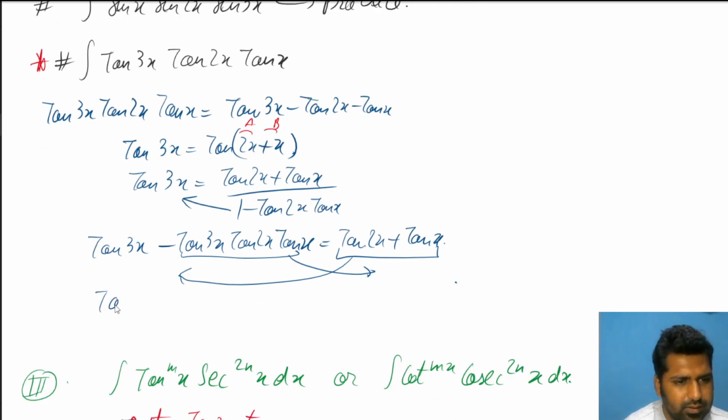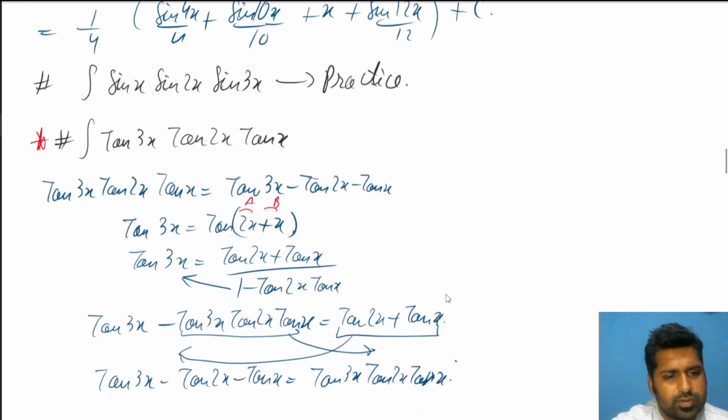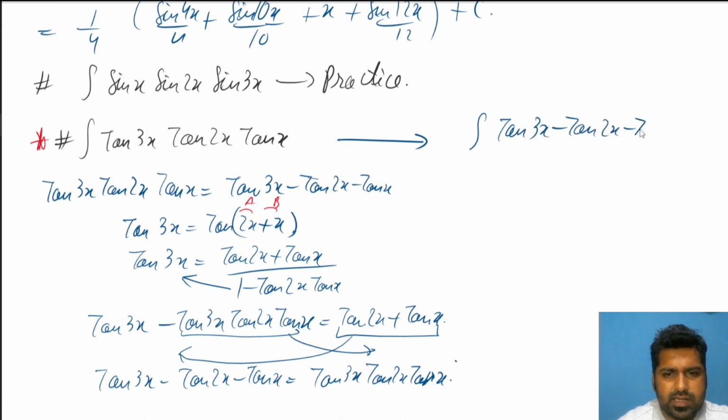So what do we get? tan 3x minus tan 2x minus tan x is equal to tan 3x tan 2x tan x. Okay. So we have proved it now that this product can be actually written as tan 3x minus tan 2x minus tan x.